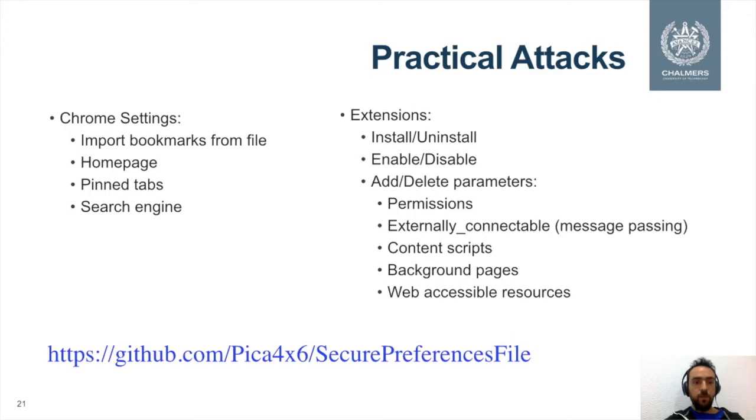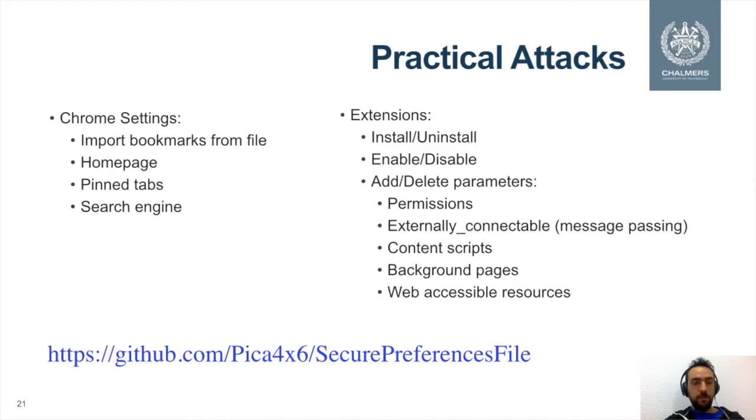Okay, so once we know how Chromium generates the HMAC and how it modifies the secure preferences file, there is at least one more question we have to answer, which is: is this security issue already being exploited in the wild? Is there any software out there modifying the secure preferences file without the user wanting it to?